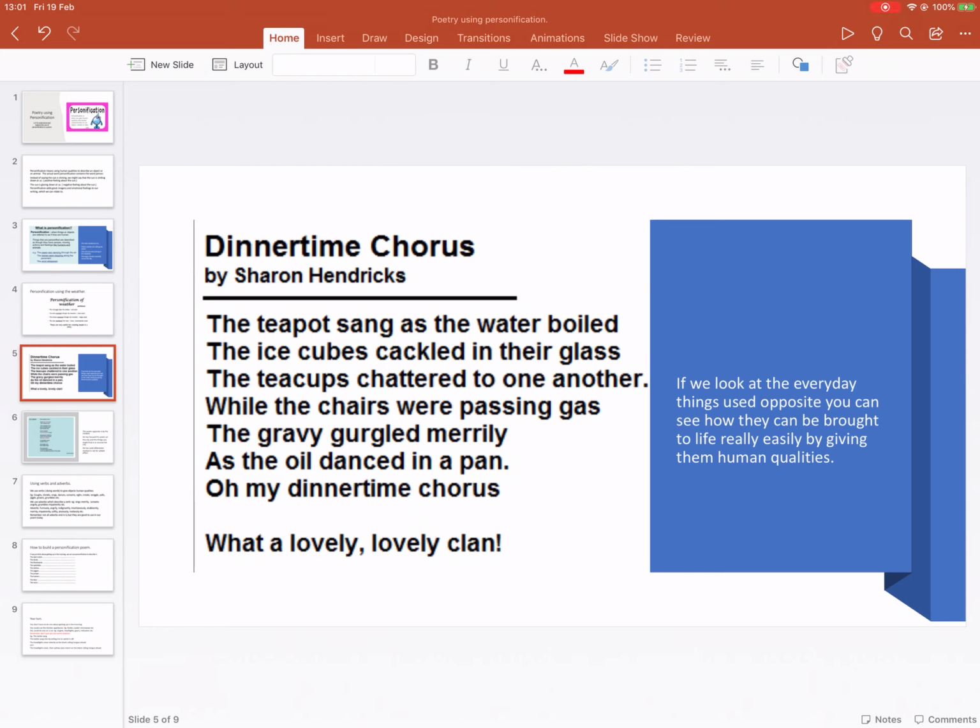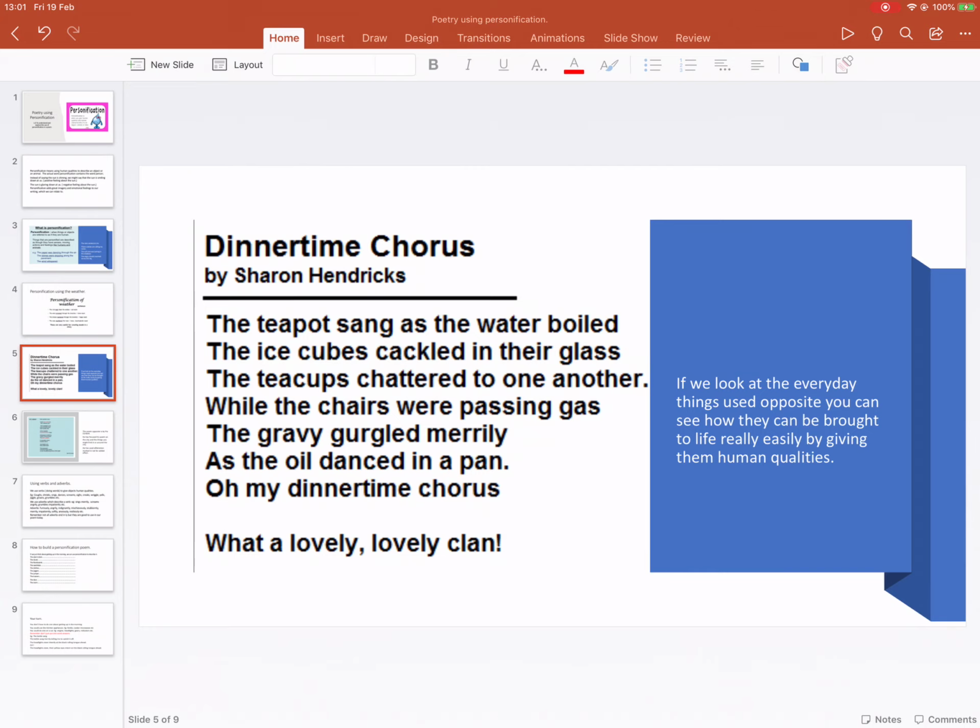It's giving those things human feelings and human verbs. The teacups chattered. What are they doing? They're chattering. What are the ice cubes doing? They're cackling. So it's finding really nice verbs that we'd use with each other to make them alive.